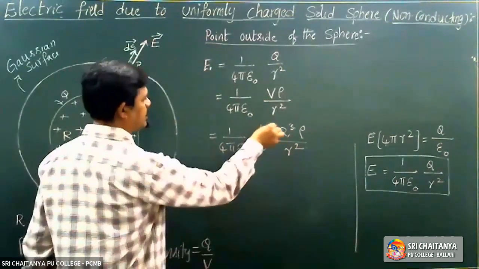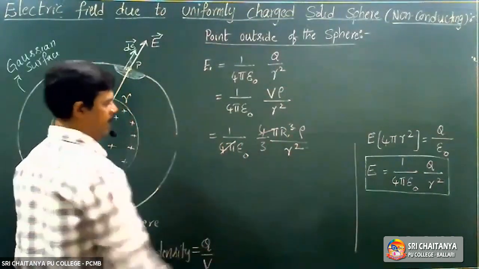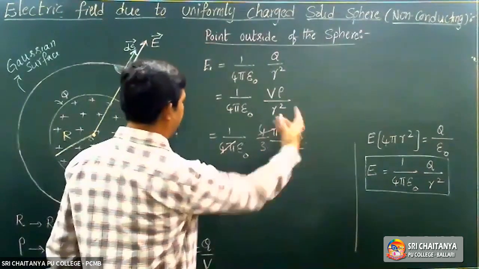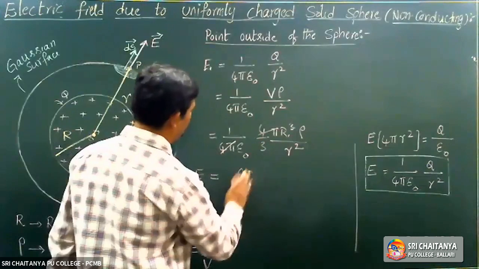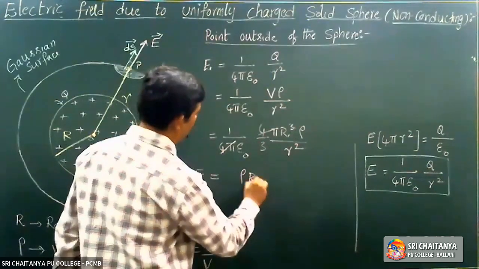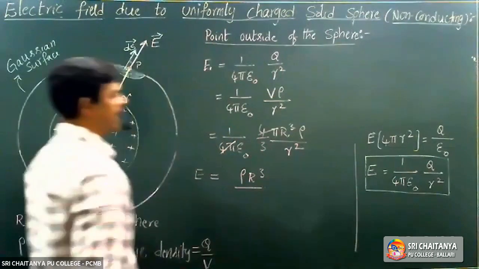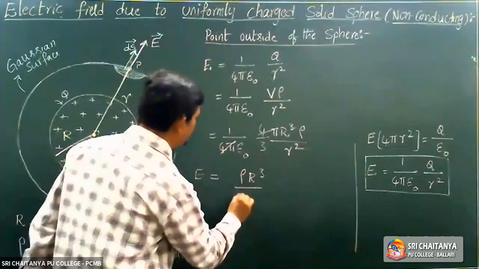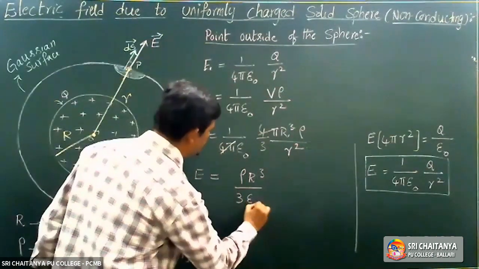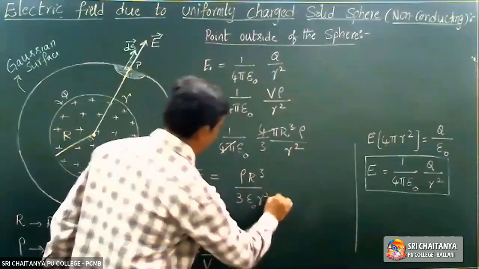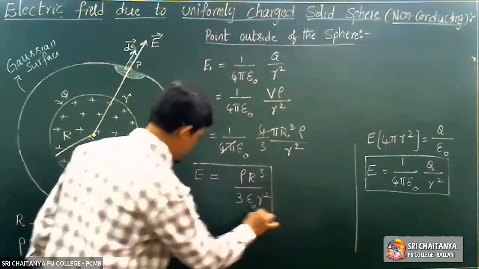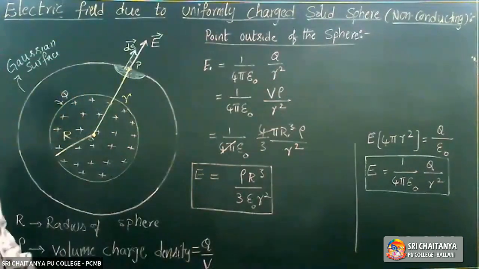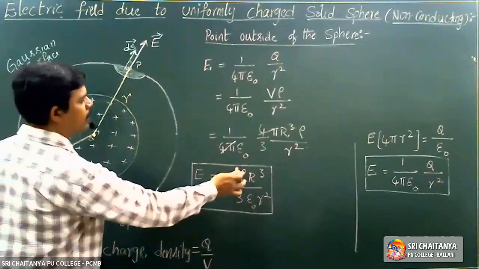Then cancellations, 4 pi, 4 pi. Then what do we get? E is equal to, what remains here, rho r cube by 3 epsilon naught r square.